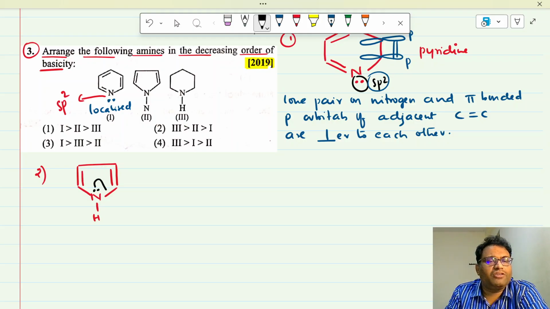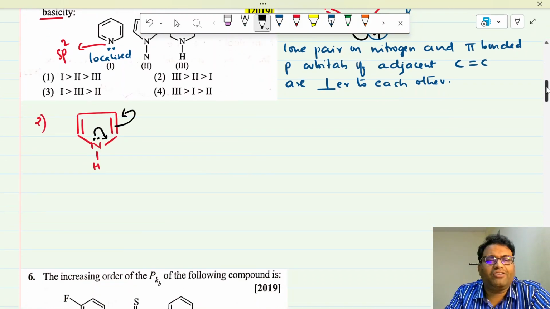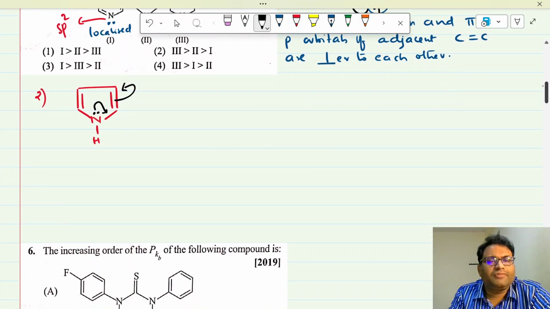This pair of electrons is in conjugation. So on nitrogen, is there availability of this pair of electrons? Is this pair of electrons available for donating to H plus? No, because they are involved in resonance. When they are involved in resonance, they are forming a pi bond, right?